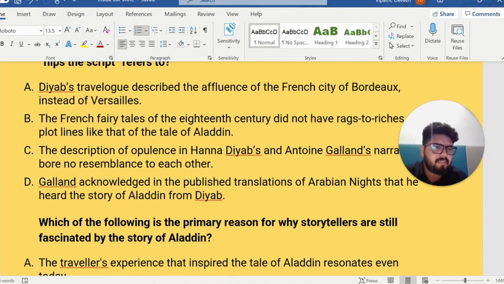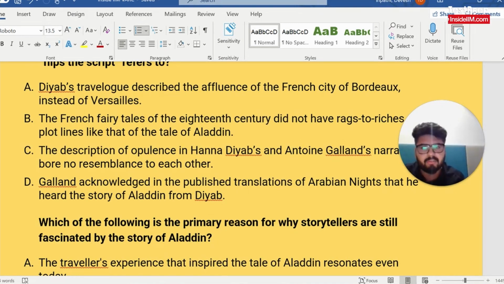How does it matter? It describes the affluence of the city he was moved by, and the inference is drawn from it, because at the end of the day Aladdin reaches the palace where he is drawn by the magnificence of the palace. The name of that particular palace is nowhere mentioned. So this option does not flip the script.